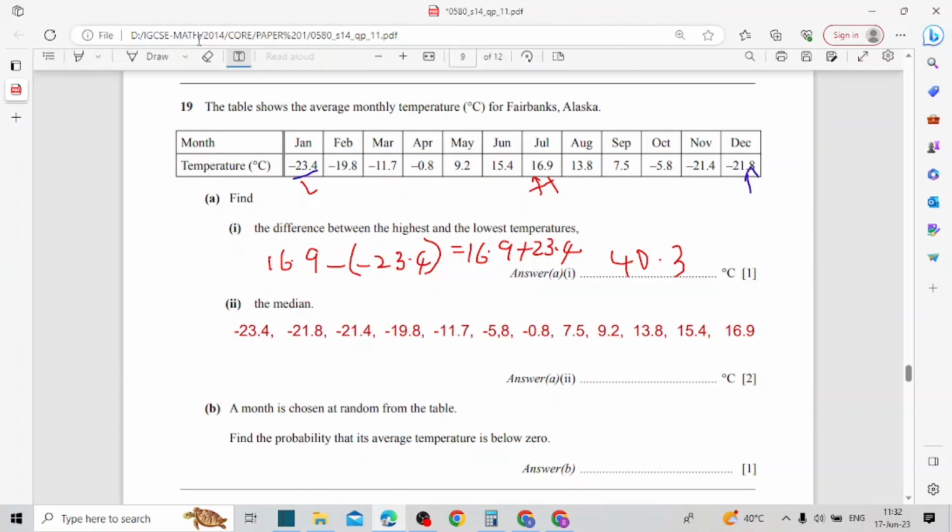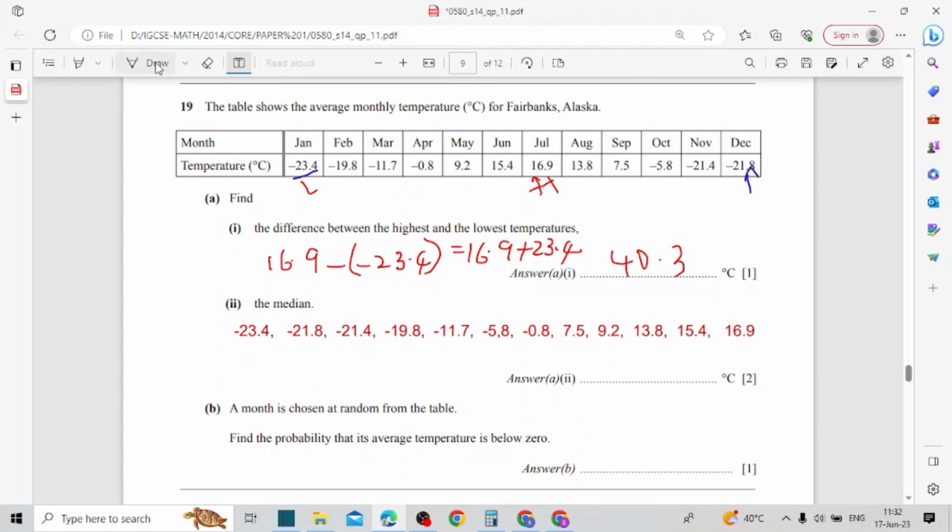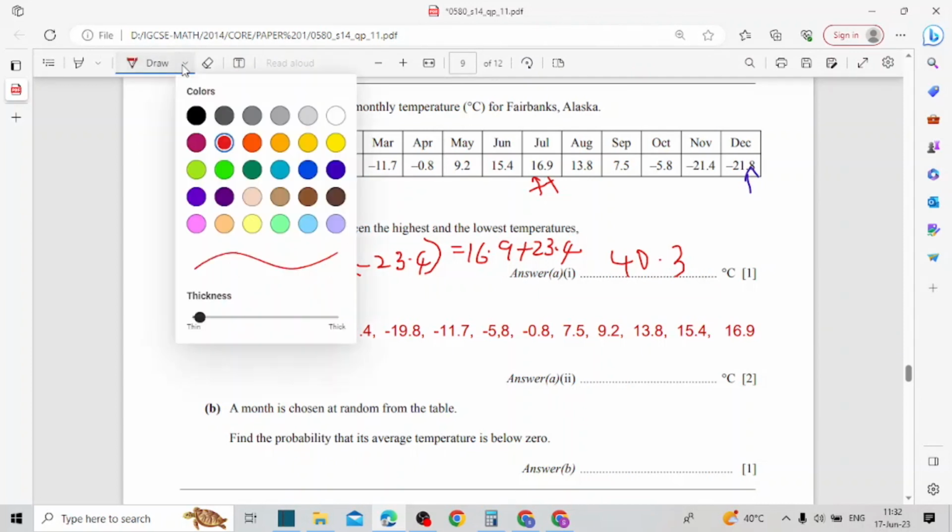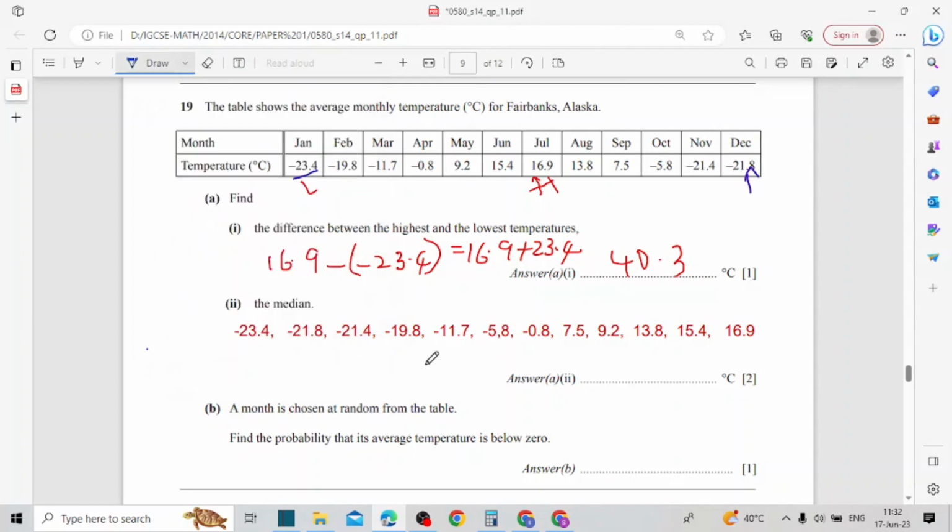Now, let's cancel on either sides those numbers so that we get to the middle with leftover numbers. This is what we do in the median. First step, write them in ascending order, all those numbers.